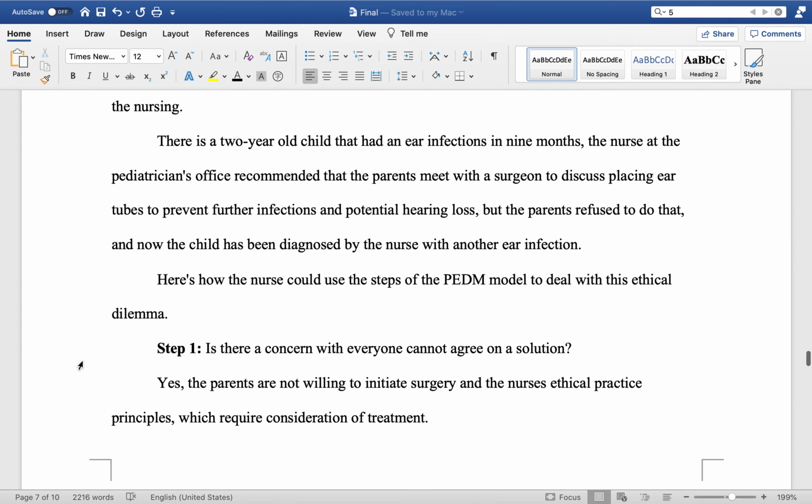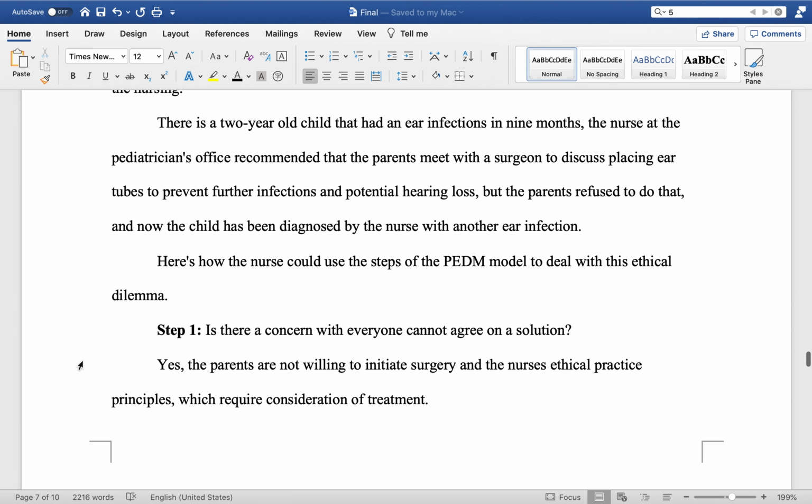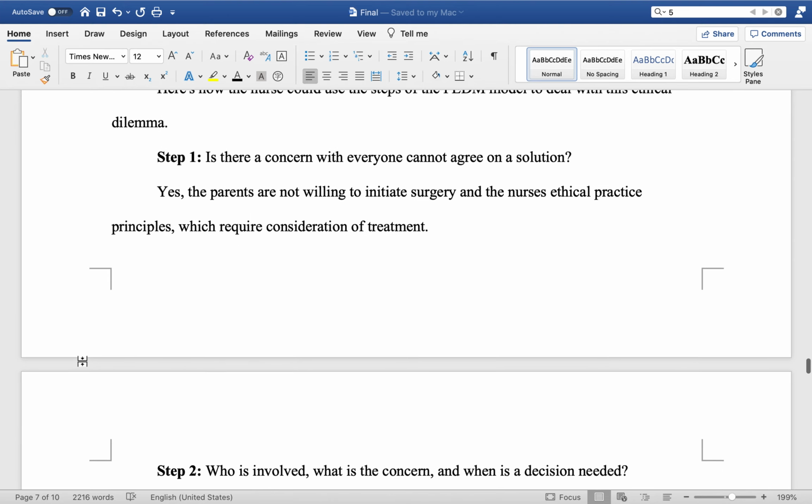Step one: is there a concern that everyone cannot agree on a solution? Yes, the parents are not willing to initiate a surgery, and the nurse has ethical practice principles, which require consideration of treatment.